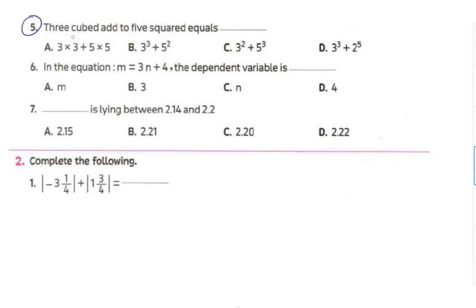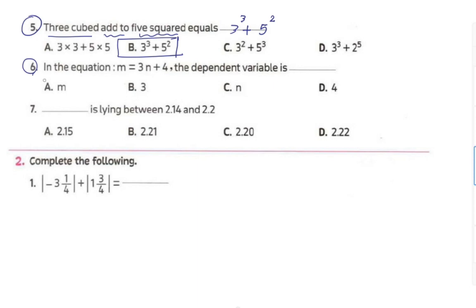Read again. 3 cubed, that means 3 to the power 3. And added means plus. 5 squared is 5 to the power 2. So the right choice is 3 with power 3 plus 5 with power 2, that's point B.